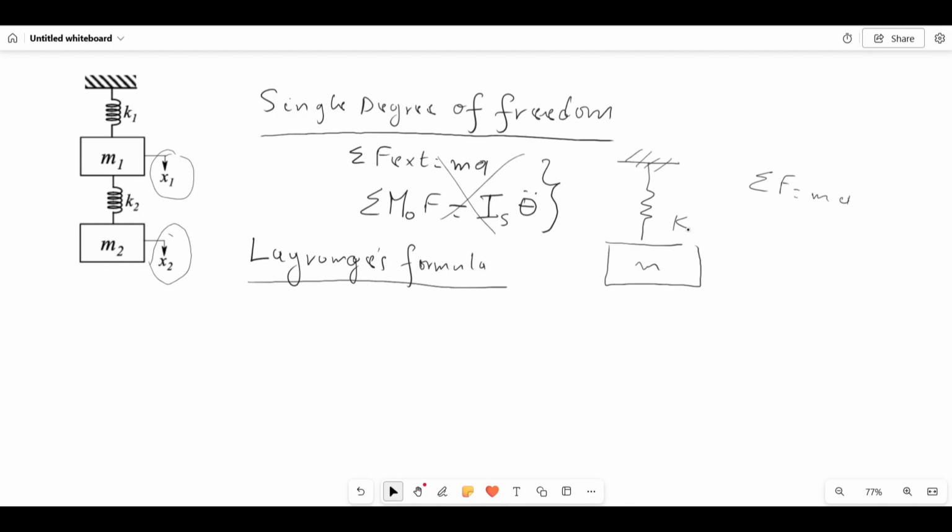It says that the derivative in terms of time of the partial of T with respect to q dot i, minus the partial of T with respect to q i, plus the partial of U with respect to q i, plus the partial of R with respect to q dot i. There's no partial t. I will explain.